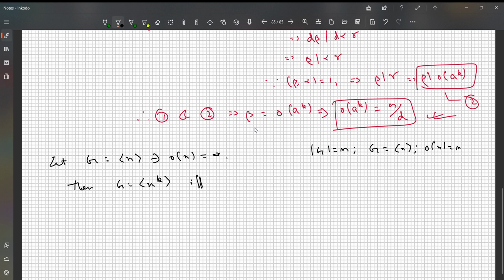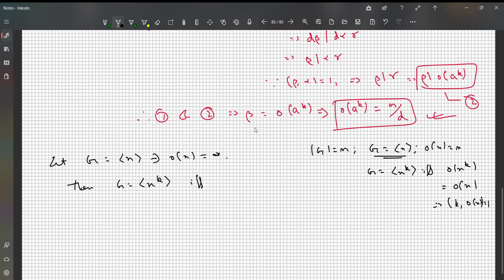Because if you have an element with order n and you form the cyclic group, then the cyclic group also has order n. So obviously if G is generated by this element of order n, then G can be generated by an element x to the power k if and only if x to the power k has the same order as x, and that is only possible if the GCD of k and the order of x is 1.